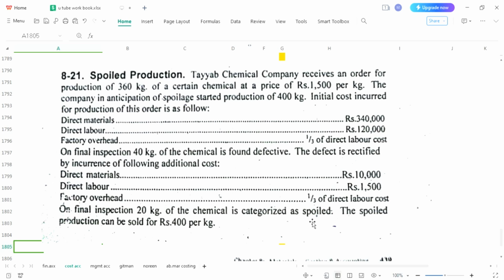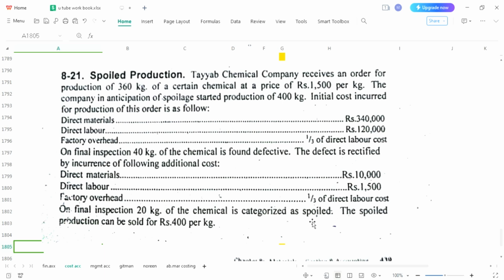So what will you do? Normally when there was a question related to defective goods, we used to have three main journal entries on left and right side. And when we were dealing with spoiled goods, we were also having three main entries. But what will we do if defective and spoiled goods are present at the same time?